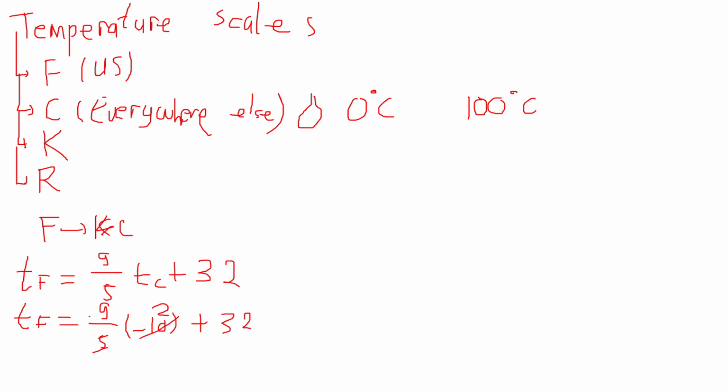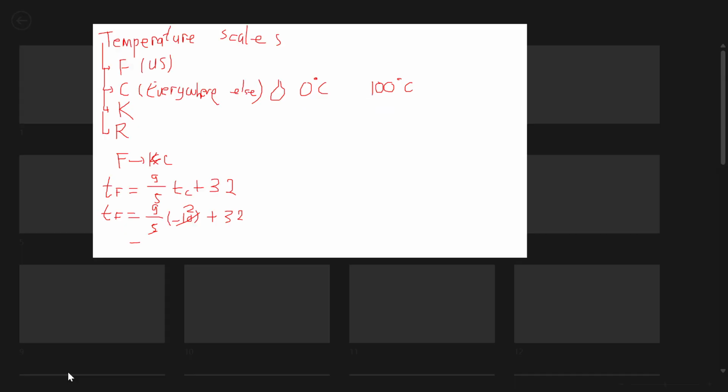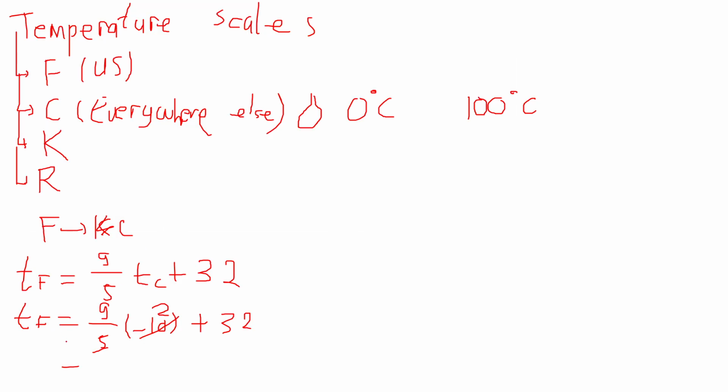This becomes -2, and this becomes -18, plus 32, which is equal to 14? Okay, let me verify that. -10 Celsius to Fahrenheit is in fact 14 Fahrenheit.